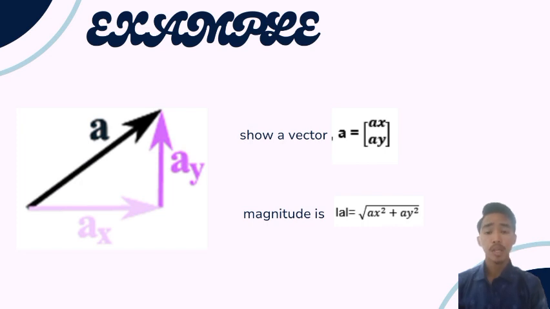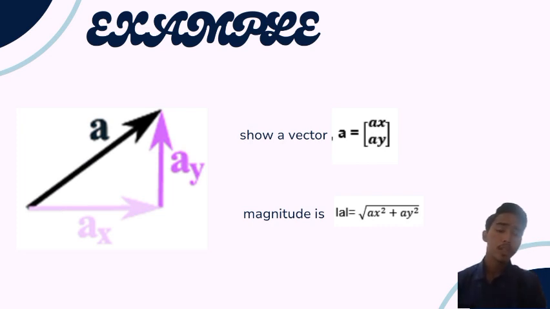We use ax and ay in this example to represent the vector A, which is a combination of the magnitude and the direction, or we can say A is a combination of two vectors, vector ax and vector ay.